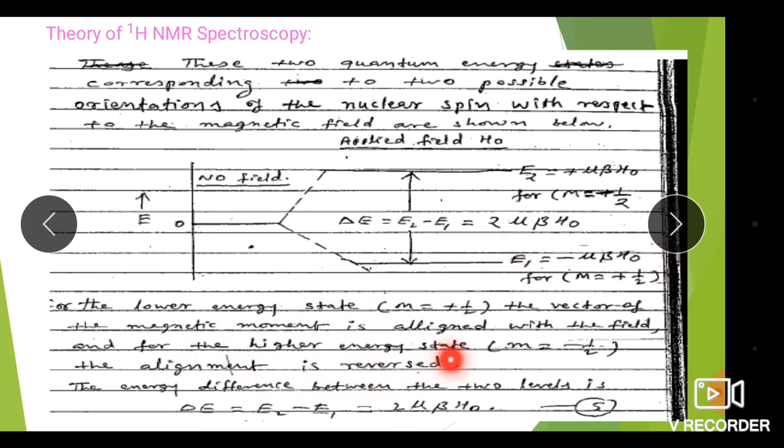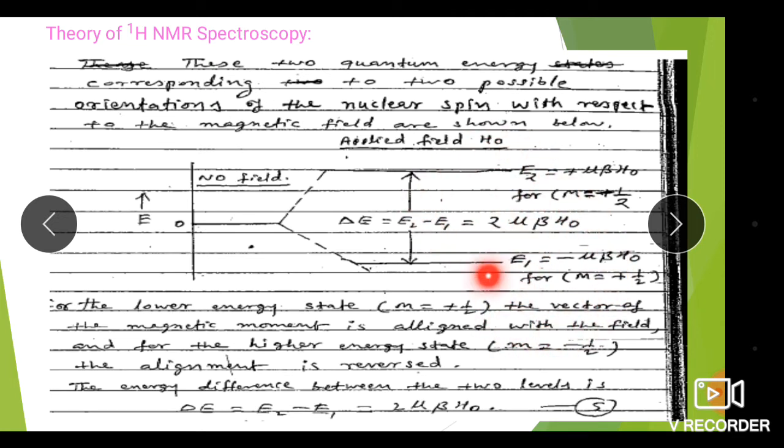So for the lower energy state, that is m is equal to plus half, the vector of the magnetic moment is aligned with the field, and for the higher energy state, that is m is equal to minus half, the alignment is reverse. So what happens here is that the alignment of the nuclear spin is in the direction of H0, the applied magnetic field.